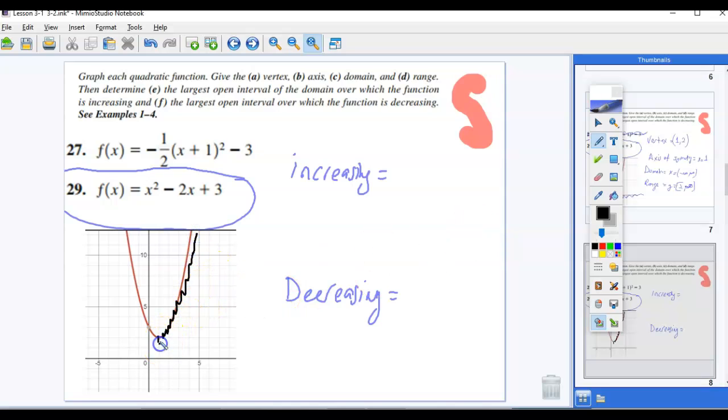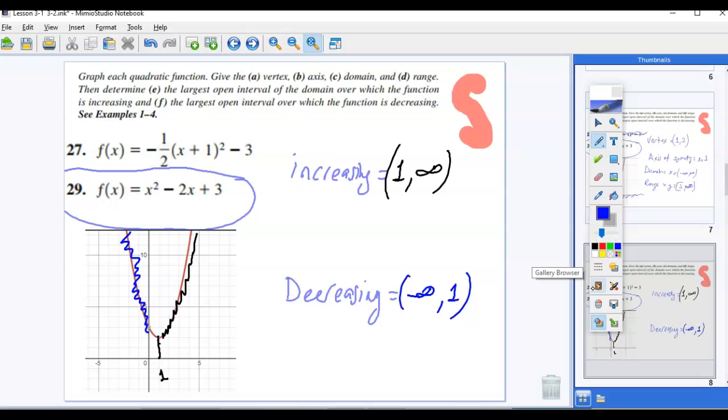This point was 1. So it should start at 1 and go all the way up to infinity. But on this side it should be decreasing, as you're seeing, up to 1. From negative infinity to 1.